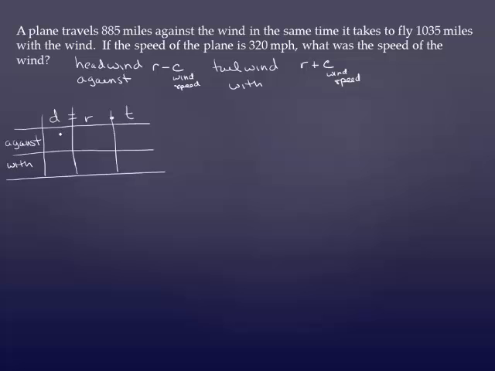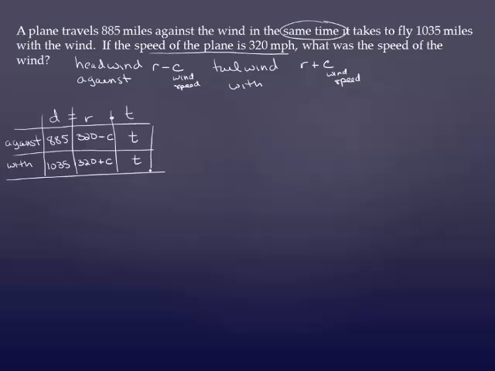My distance against the wind is 885. My distance with the wind is 1035. My rate is 320 miles per hour. Speed of the plane is 320 miles per hour. But I have, again, a wind current, so I have minus C and plus C. My time is still T, because it says, again, same time.